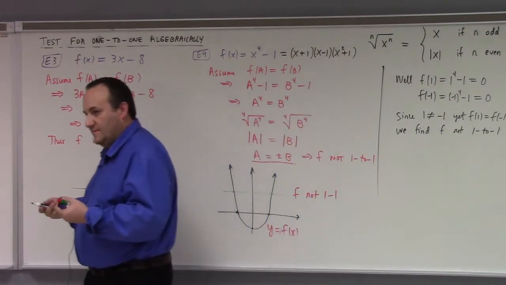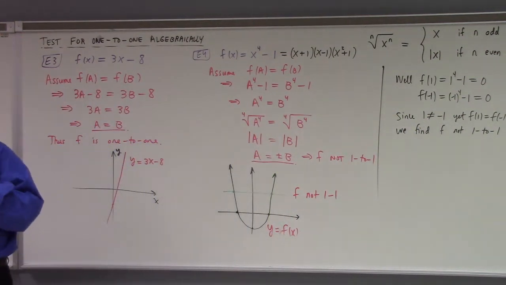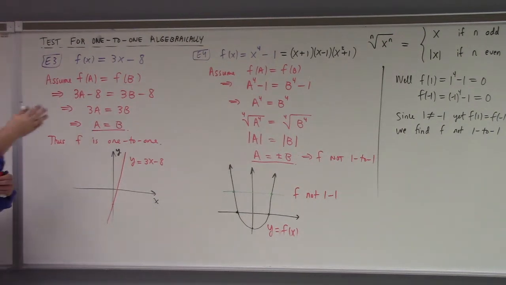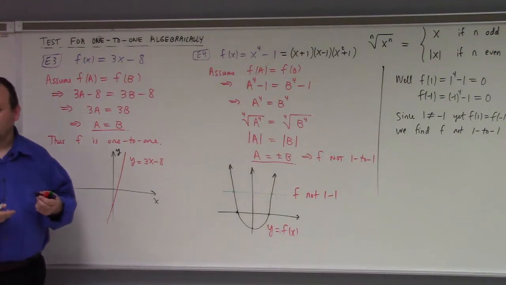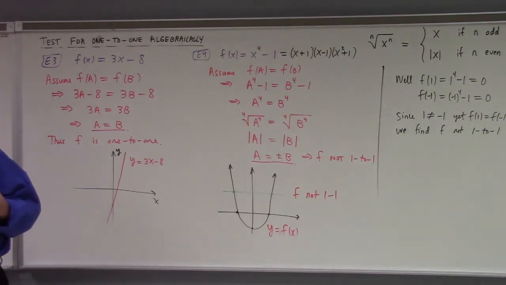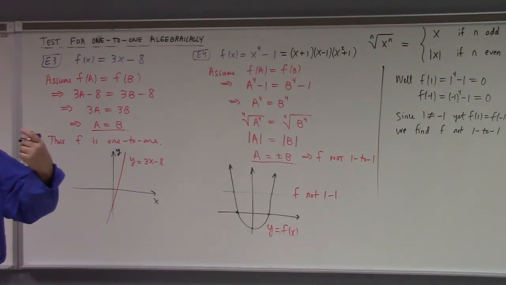That is another way, and I would think that's the most efficient way for this. If it's not one-to-one, the easiest thing to do is to find a couple of points that you can plug into the function and get equal outputs, and yet they're not the same input.